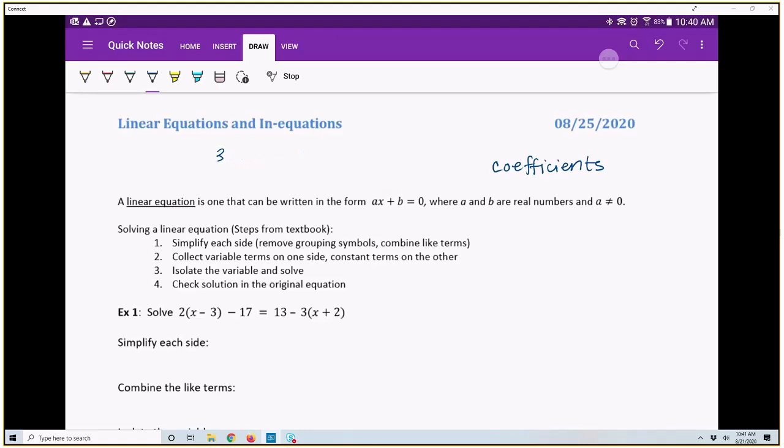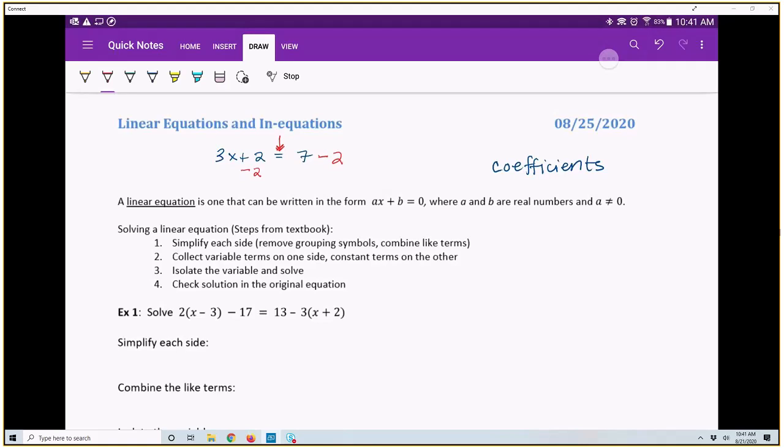Then if I want to start manipulating this, like say I want to subtract 2 here to isolate this term 3x, I have to make sure that I do the same thing on both sides of this equals. And that's going to maintain this equality.